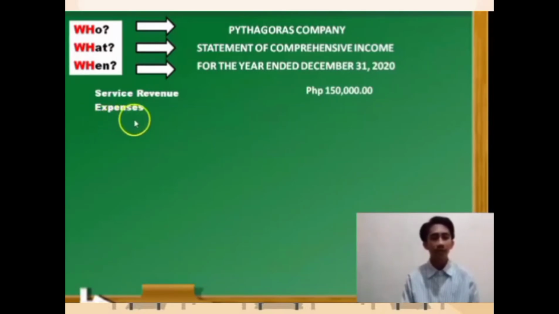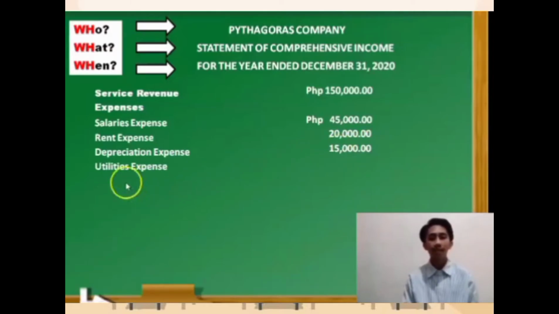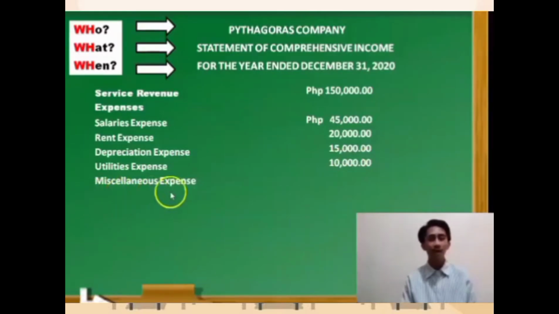So here, we have a salary expense, which is 45,000 pesos, followed by the rent expense, which is 20,000 pesos, then depreciation expense of 15,000 pesos, next is utilities expense of 10,000 pesos, and lastly, miscellaneous expense of 5,000 pesos. After we listed all the expenses, we sum them up to get the total expense of 95,000 pesos.